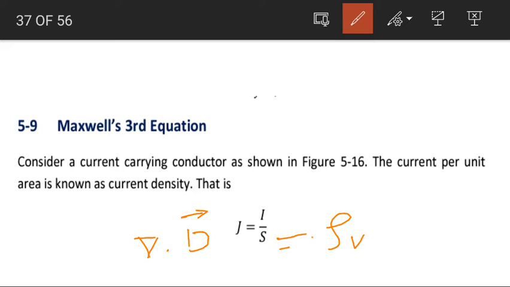Volume charge density is the charge per unit volume. So this is the first equation of Maxwell, which says that the divergence of the electric flux density is always equal to rho V, and rho V is known as the volume charge density, which is the charge per unit volume. So let us talk about the third equation of Maxwell, Maxwell's third equation.